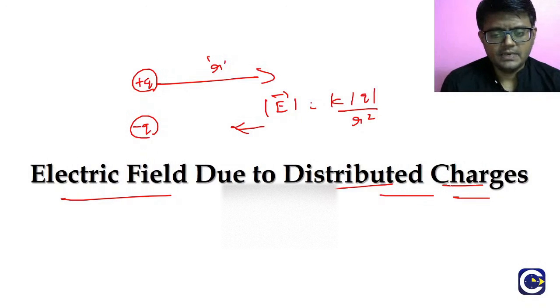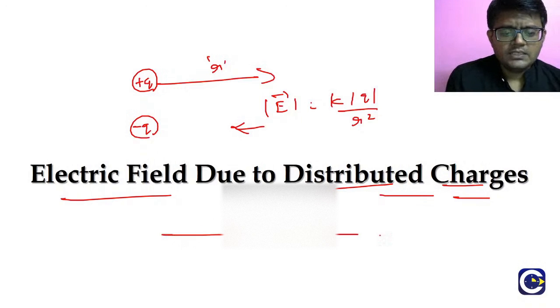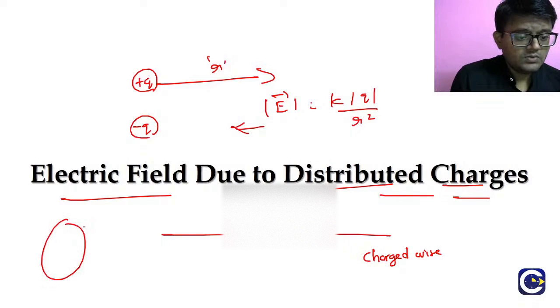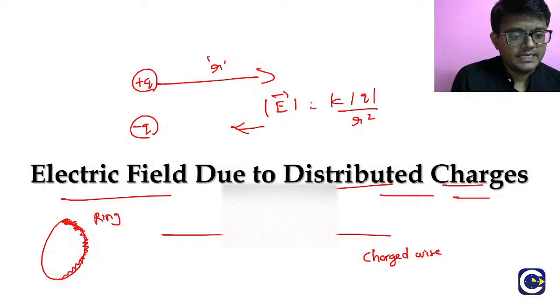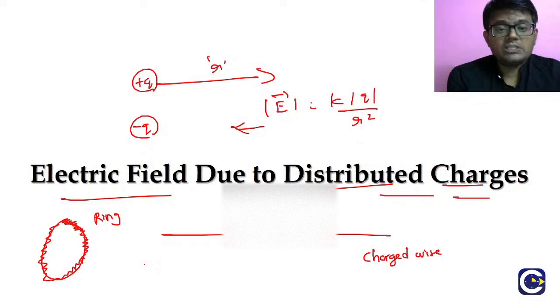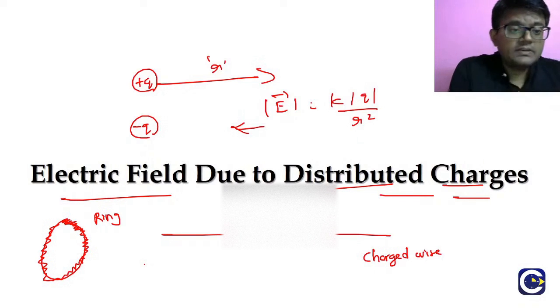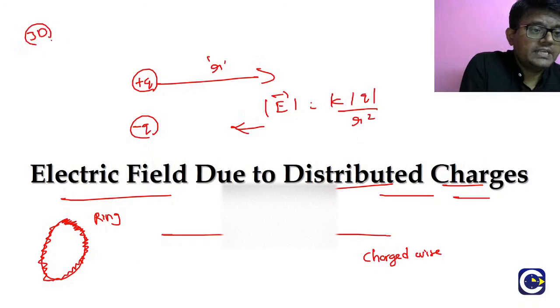Distributed charge, like we'll have a charged wire, or a charged ring, where the charge is on the circumference or perimeter. Or we can have a sheet, or a 3D object, any 3D shape, which can also have a charge.